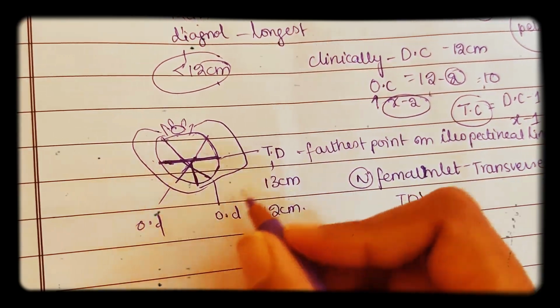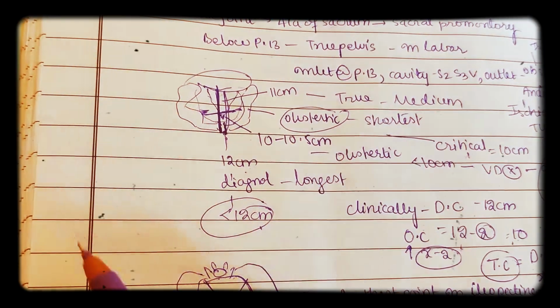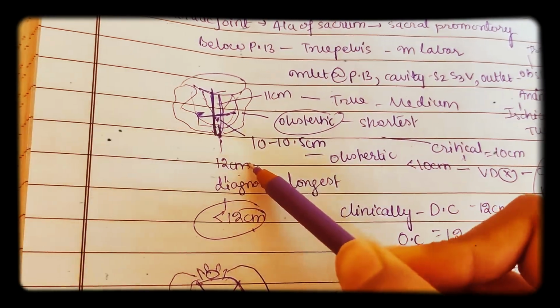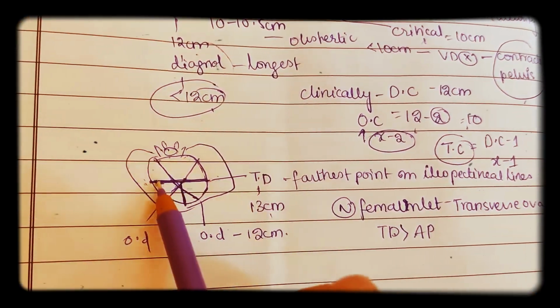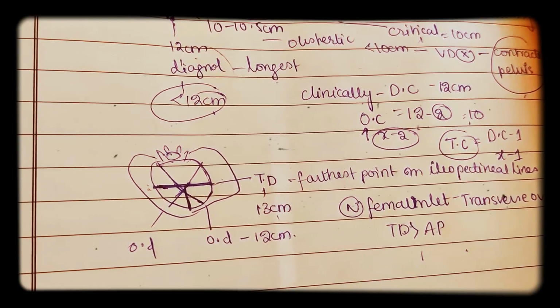You can see the transverse diameter is 13 centimeters, whereas the greatest anterior posterior diameter is only 12 centimeters. So the transverse diameter is greater than the anterior posterior diameter in the case of the pelvic inlet.